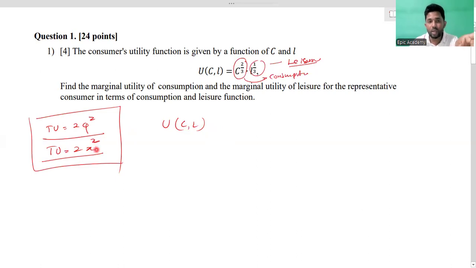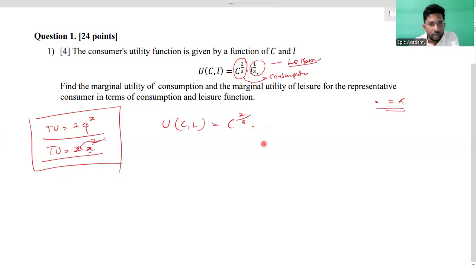It is easy to do: take the power in front of the commodity and minus 1. That's the derivative. But in here, you got two commodities. This point indicates always multiply.